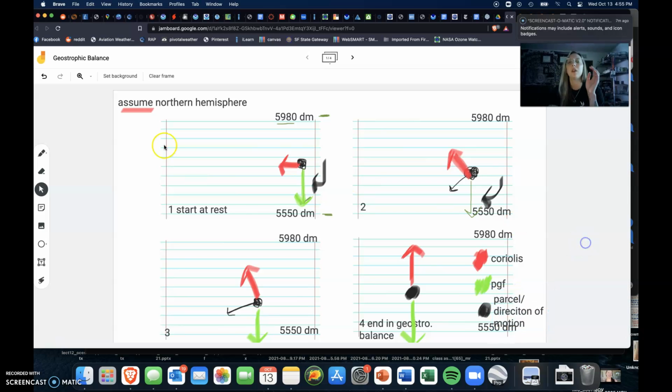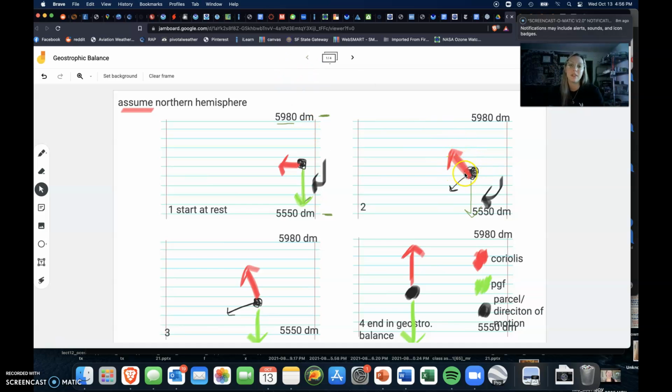So again, we started as a little parcel. I probably would have started a little bit closer to the top here. So started as a parcel, not quite in motion. First thing to do is identify the pressure gradient force. Next thing to do is identify the Coriolis force, determine which force is dominating at that time, then start moving in that direction of motion.